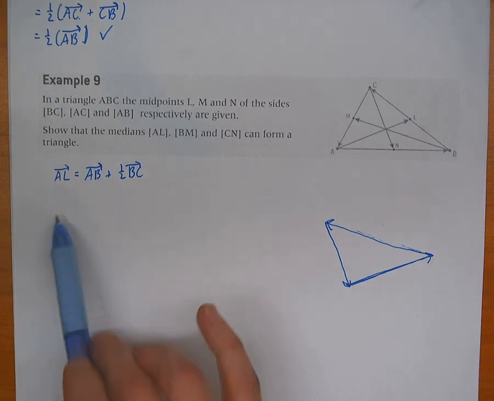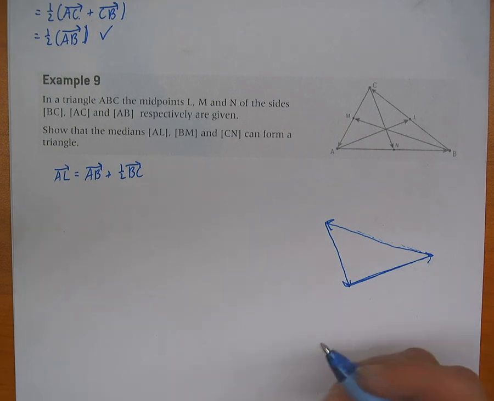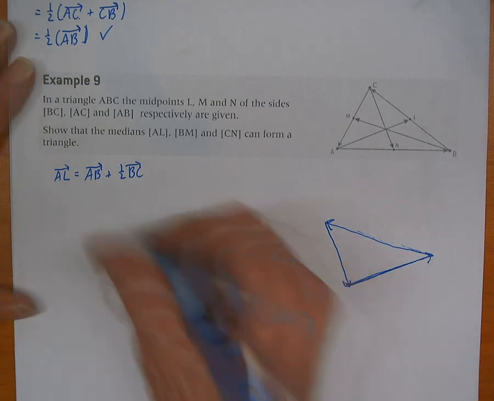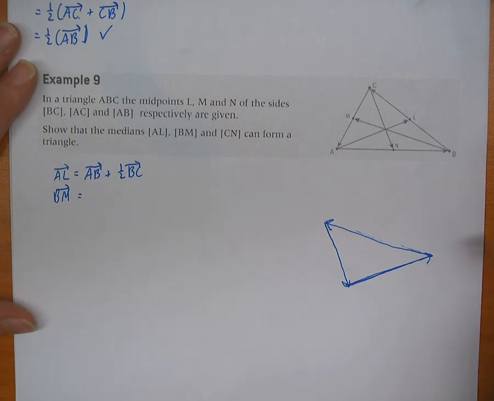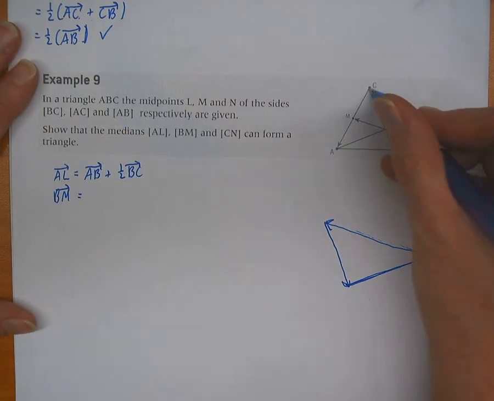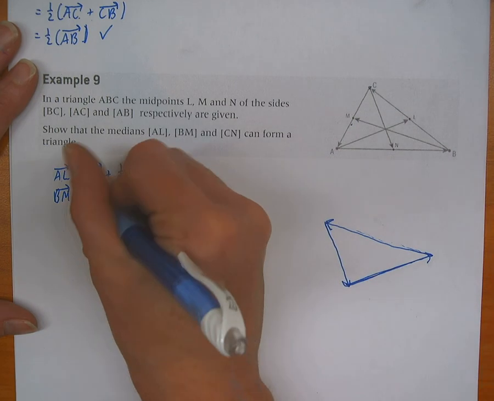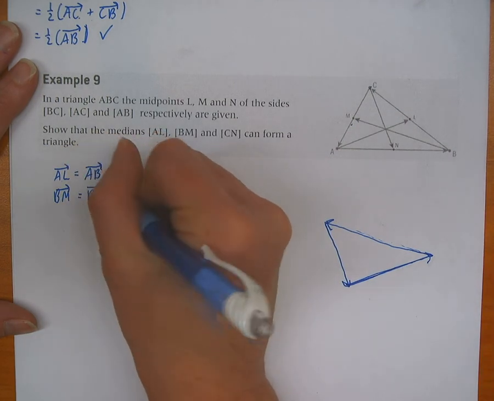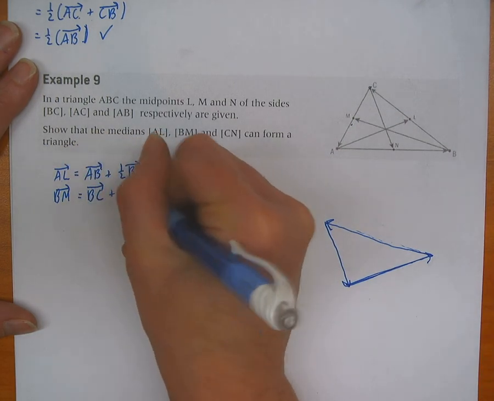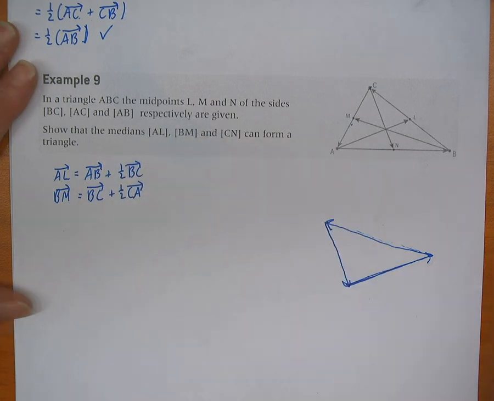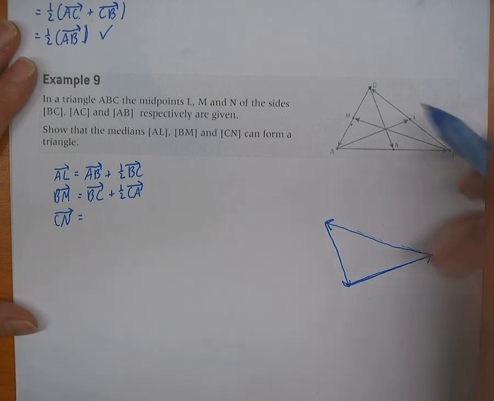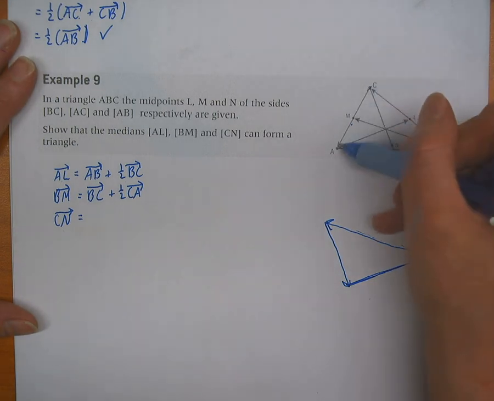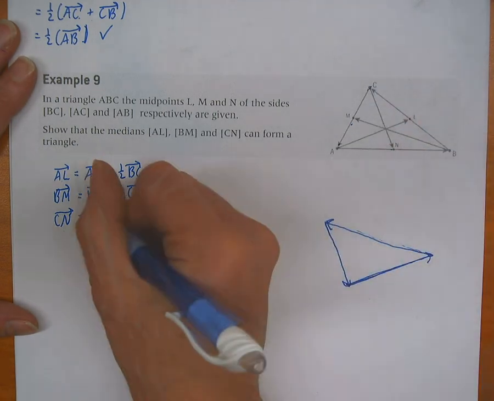So in order to connect them all together, I need to know what they are first. So let's do the same thing with BM. If I start at B and go to M, that would be BC plus half of CA. And lastly, vector CN would be CA plus half of AB.